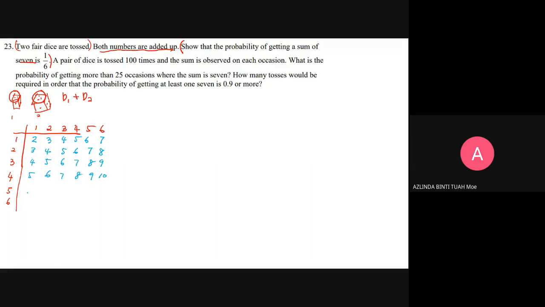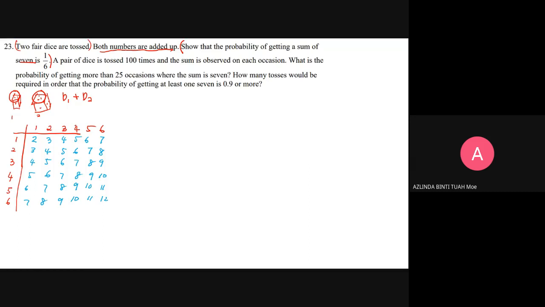5 tambah 1, dia jadi 6, 7, 8, 9, 10, 11. 1 plus 6 is 7, 8, 9, 10, 11, 12. Okay, yang paling hujung bawah mesti dapat 12 lah, sebab 6 tambah dengan 6, 12. So there are 36 outcomes when we toss 2 dice.